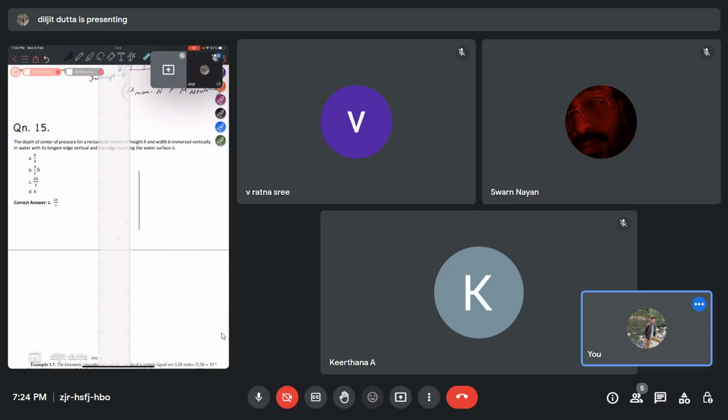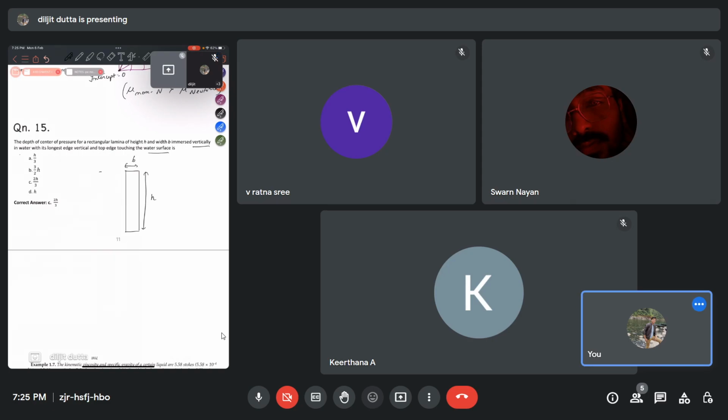Here is a rectangular bar. So we have taken a rectangular bar. The height is given as h and the width is given as b, and it is immersed vertically in water with its longest edge vertical and top edge touching the water surface.